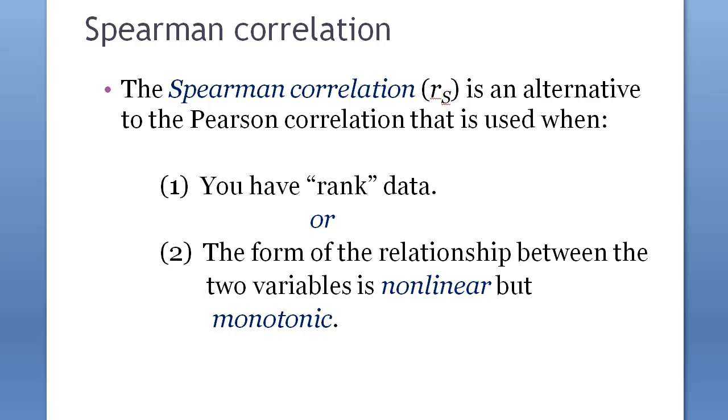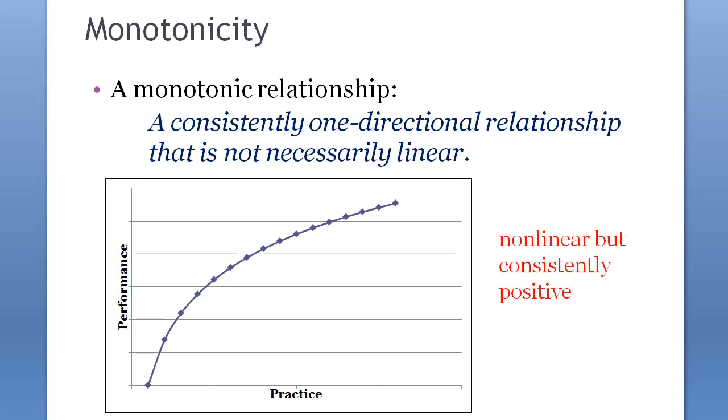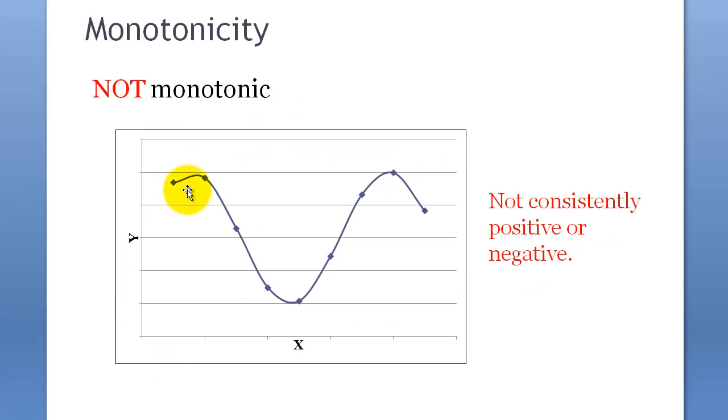In other words, a monotonic relationship is a consistently one-directional relationship that is not necessarily linear. That's monotonic. However, this is not monotonic because it's not one-directional.